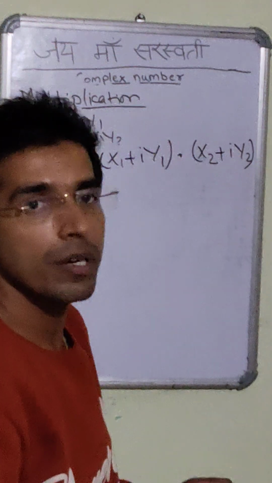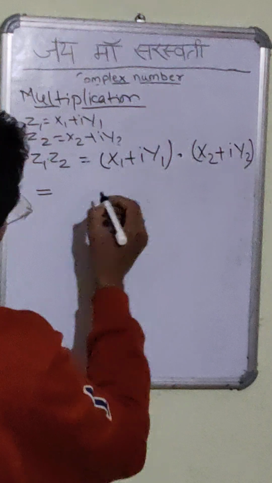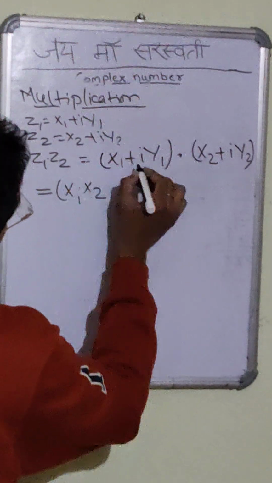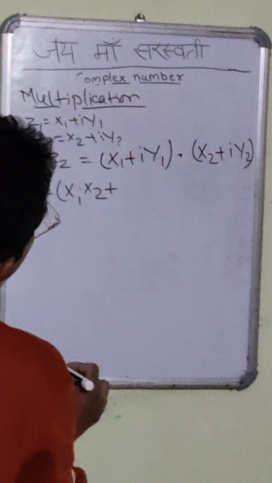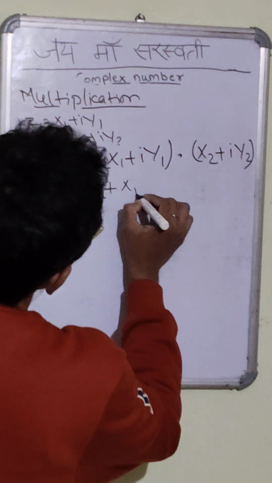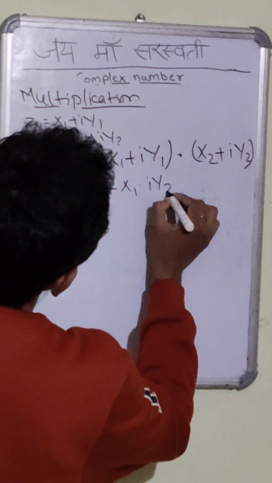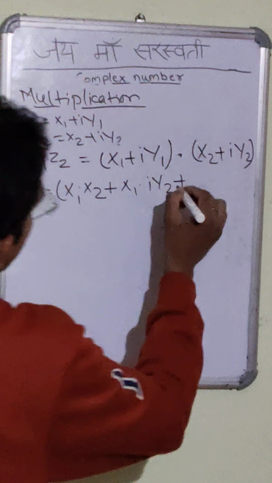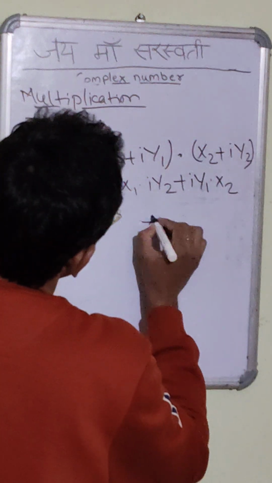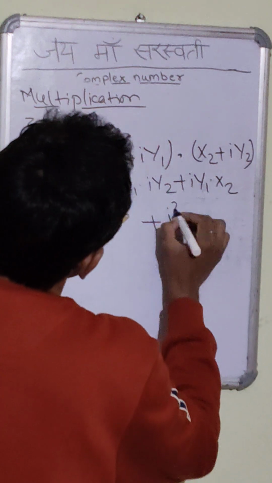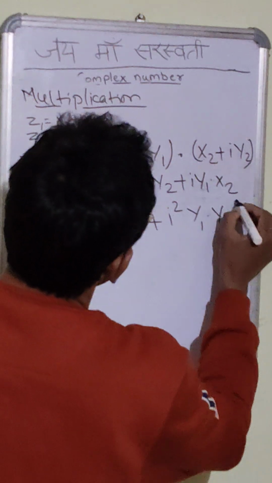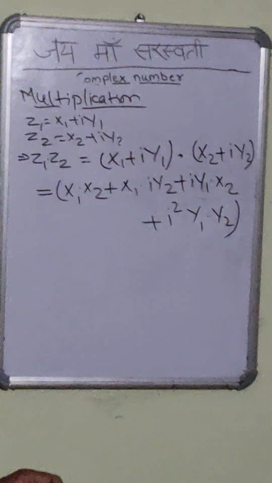Using the basic mathematical operation, we will multiply both these entities. That will be x1 into x2 plus x1 into i y2 plus i y1 into x2 plus i square y1 into y2. So that is the basic expression here.